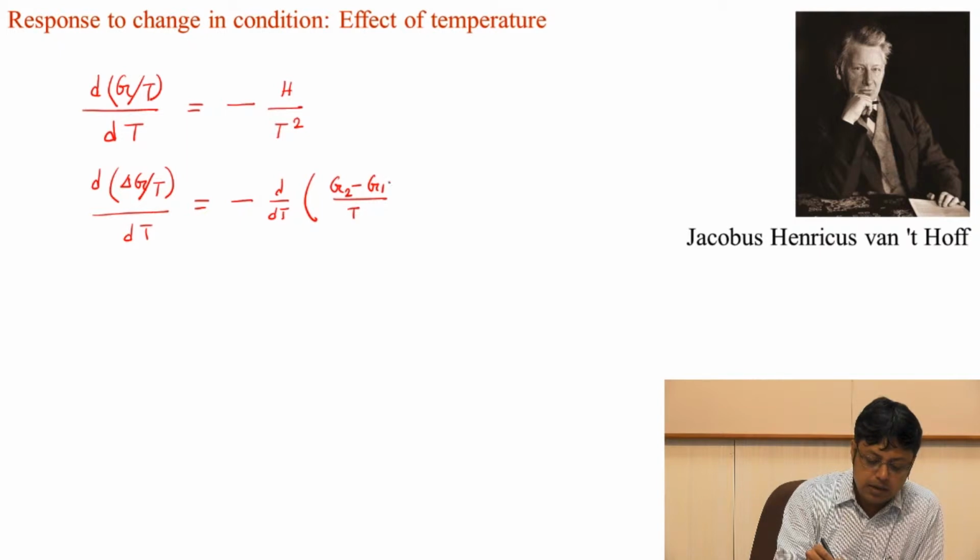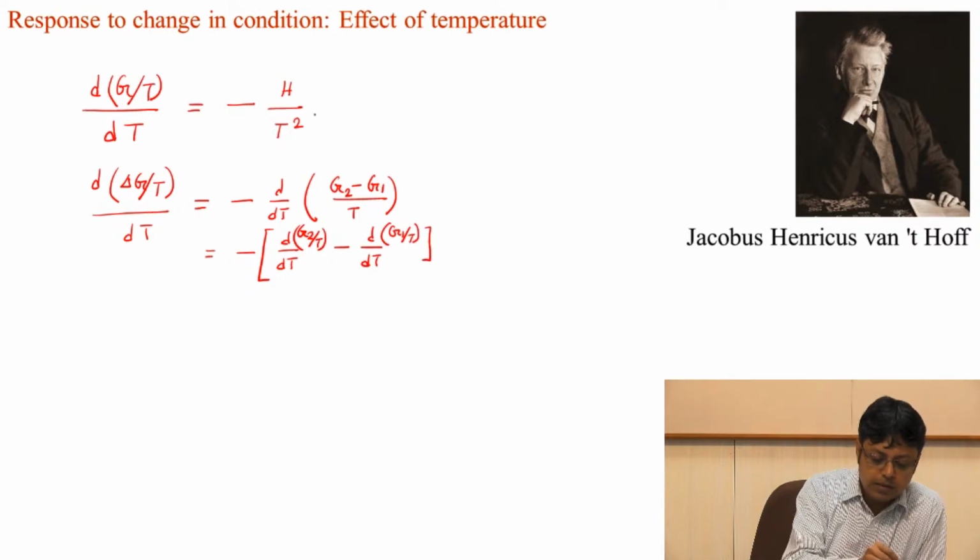We can write this in the form d/dT of G2 by T minus d/dT of G1 by T.